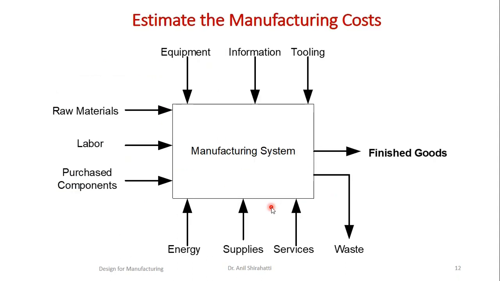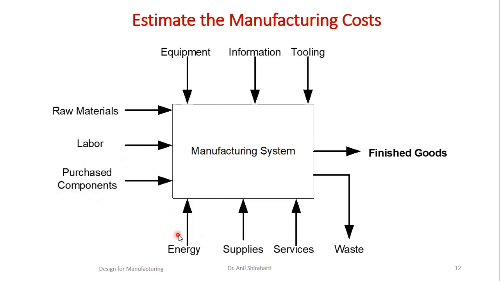Next is, what are the parameters which will affect the manufacturing cost? This slide gives the different costs in a manufacturing system: equipment cost, tooling cost, raw material cost, labor cost, purchased components. These are the standard purchased components, bolts and all these things.